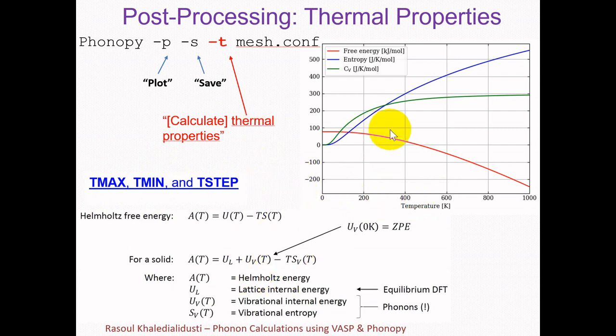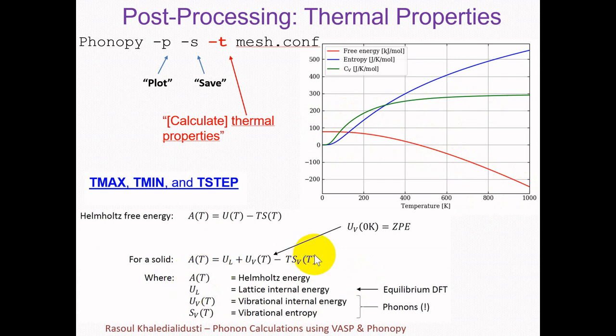And the concept of these values, as you know already, Helmholtz free energy is the lattice internal energy, U, minus temperature times entropy. So as the temperature increases, entropy will be increased, and the Helmholtz free energy is decreased.